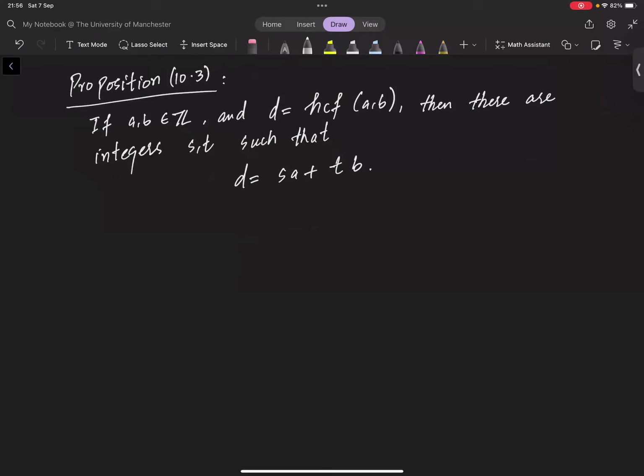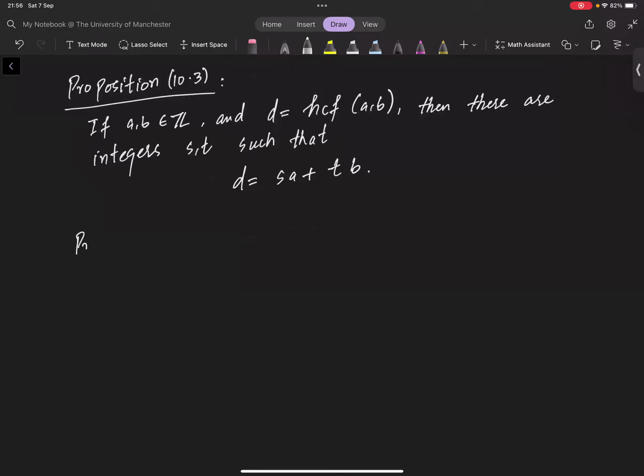So now we will give you another proposition as a consequence. So that is proposition 10.4.